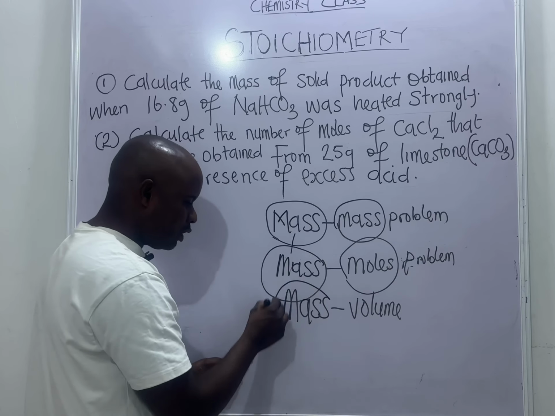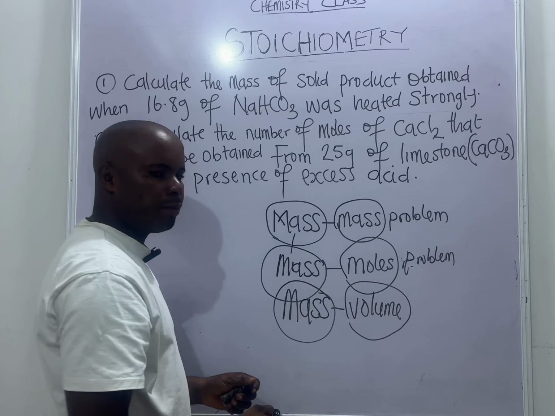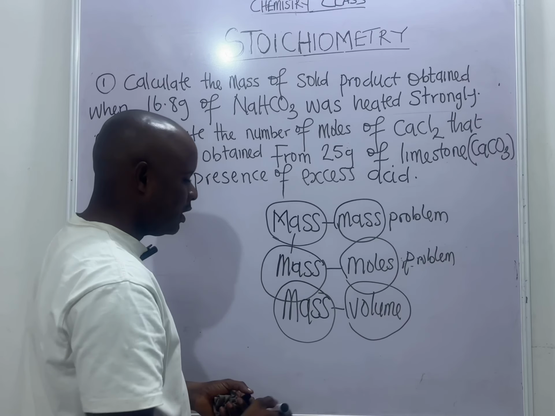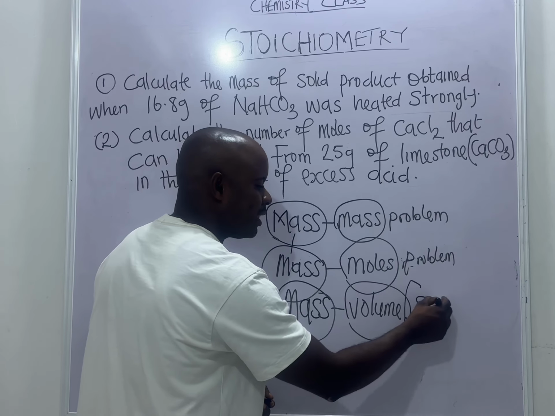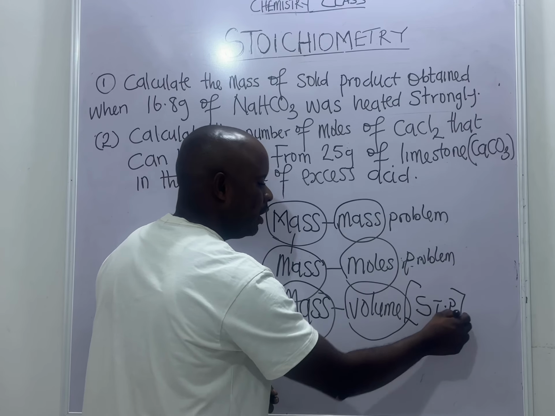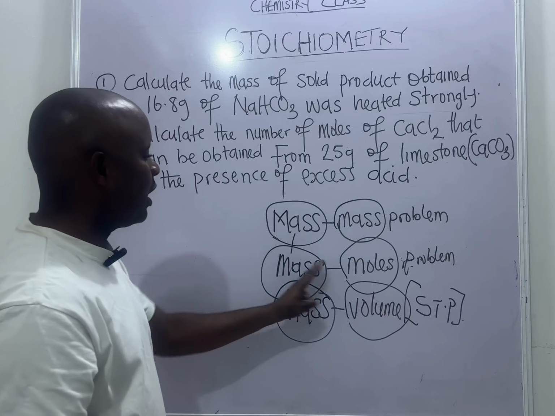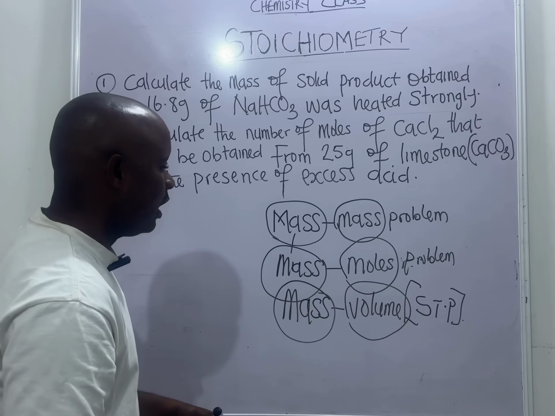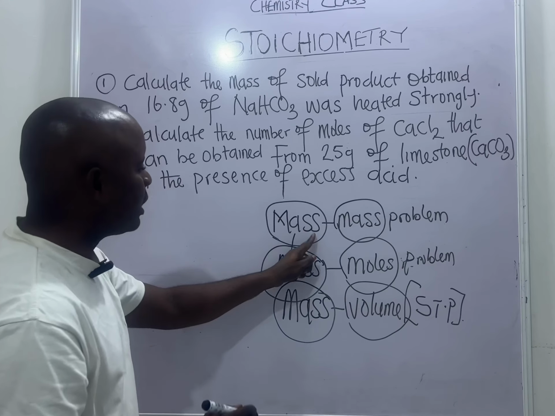A mass of a substance will be given to us, and we'll be asked to look for the volume that is produced at the end of the reaction. In this, we're going to make sure that such systems satisfy what is known as STP. So one of the subtopics we have arrived at is mass problem.